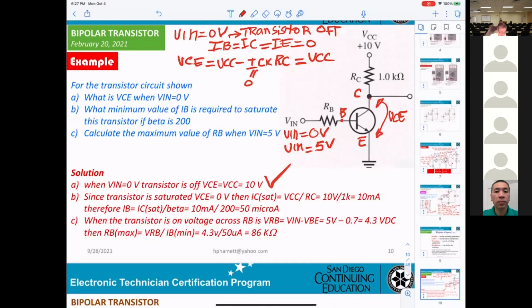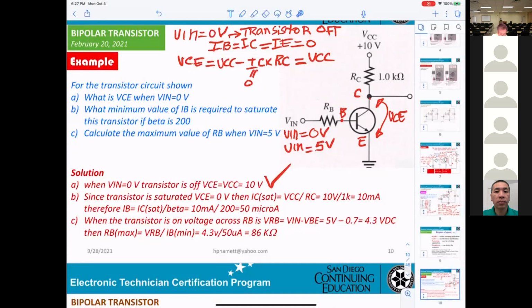When the transistor is on, the voltage across RB, that means the voltage here, VRB equals Vin minus VBE.